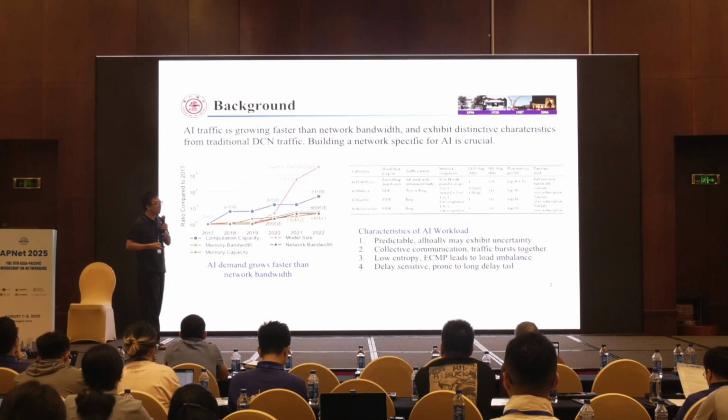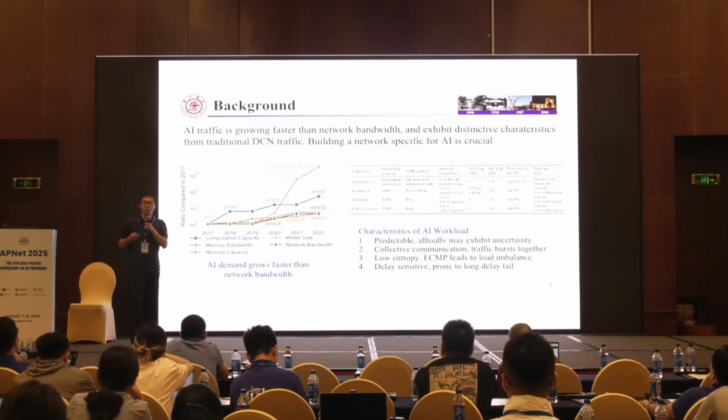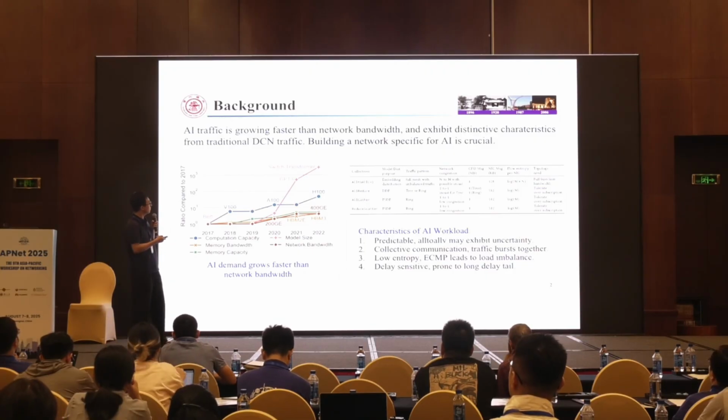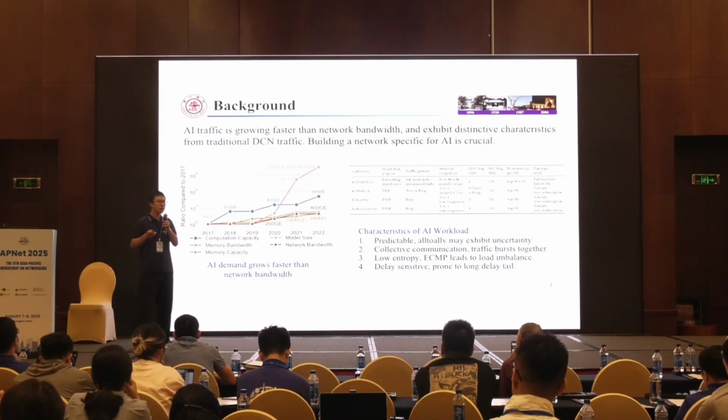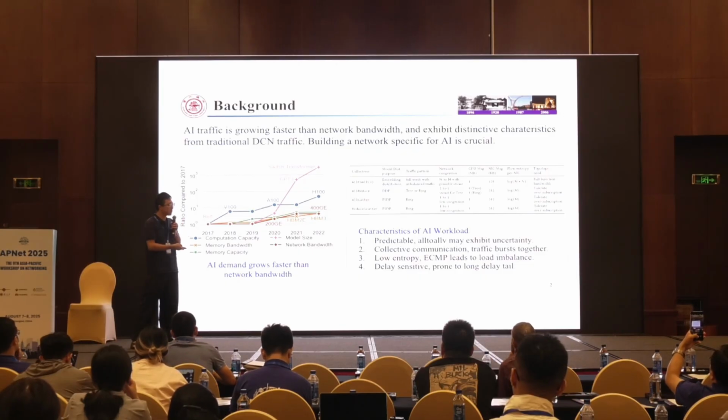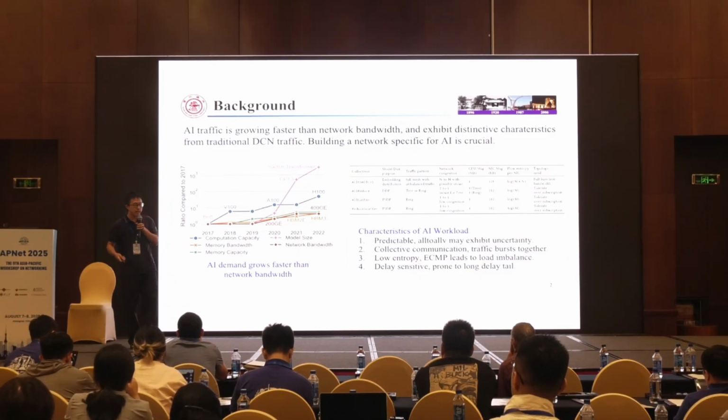So one way to solve this problem is to build a domain-specific network, for example, for AI. For AI tasks, the underlying communication mainly comes from collective communications, for example all-to-all, all-reduce, all-gather, reduce-scatter, and so on.